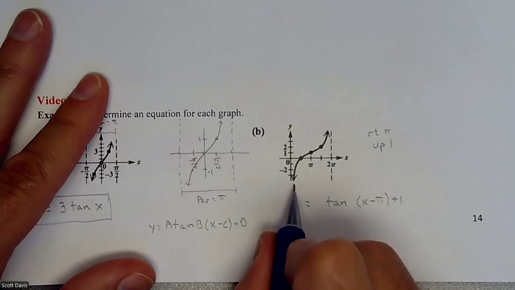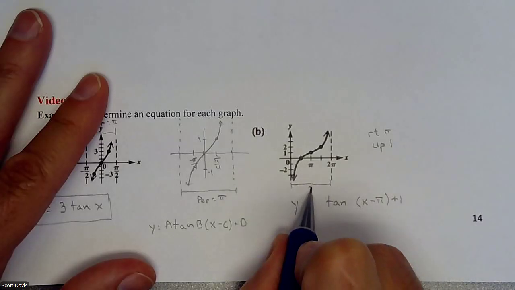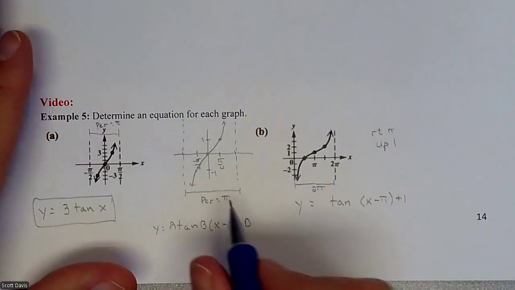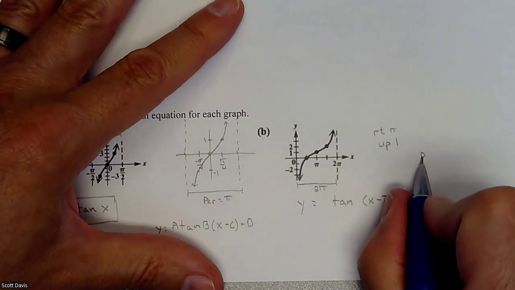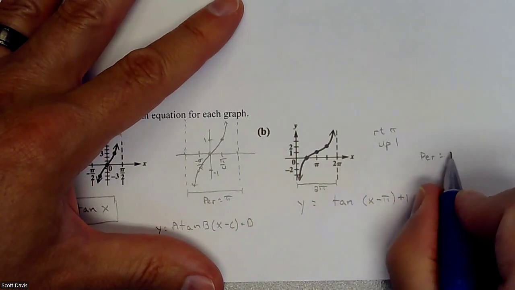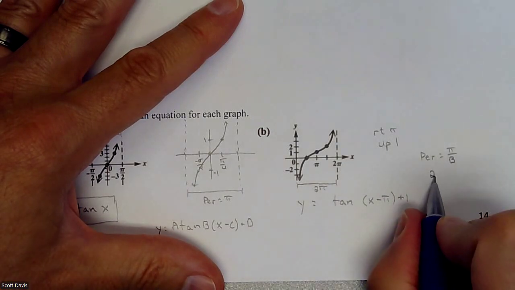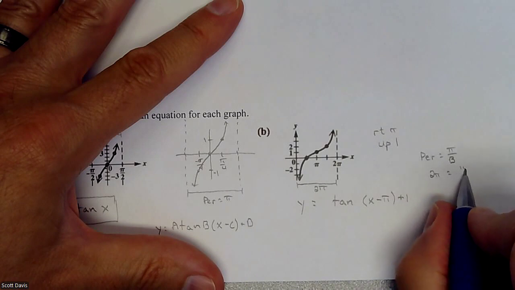Let's see if we can figure out our period. From here to here is 2 pi, but our normal period is pi. So the formula for that is our period is going to be pi divided by a b value. So ours is 2 pi equals pi divided by b.